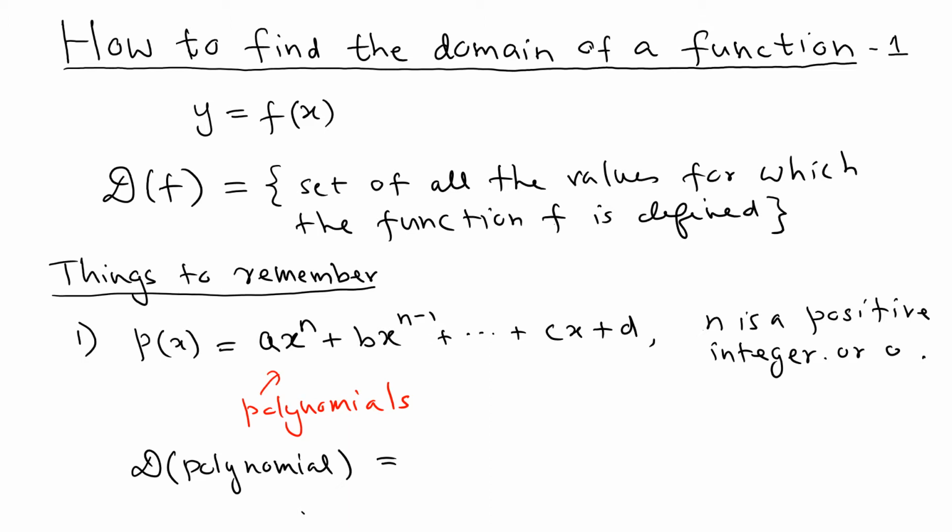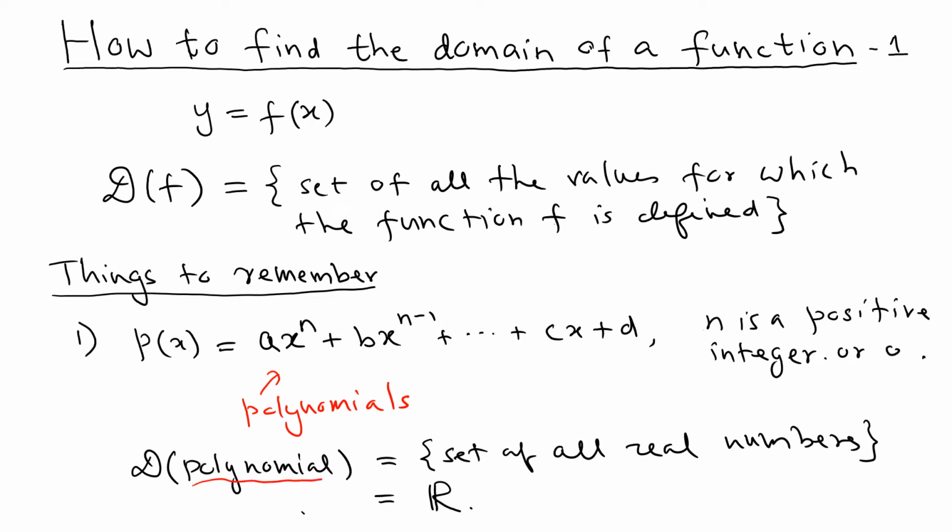The domain is a set, so you can say the set of all real numbers. This set we normally represent as script R. So if it's a polynomial, you can plug in any number: the set of all real numbers.